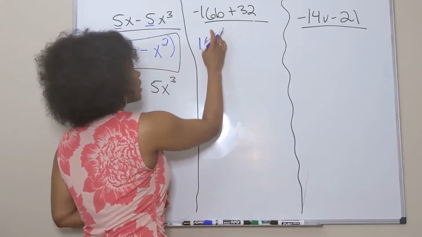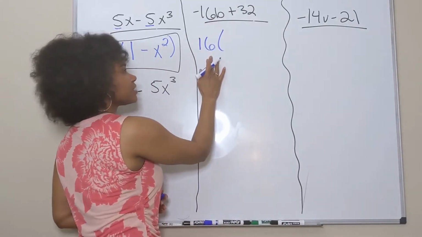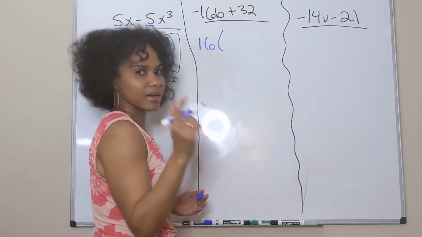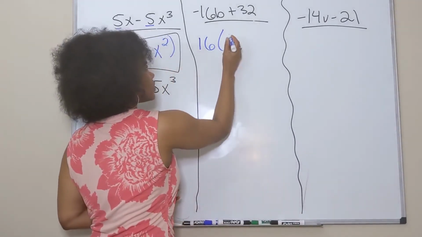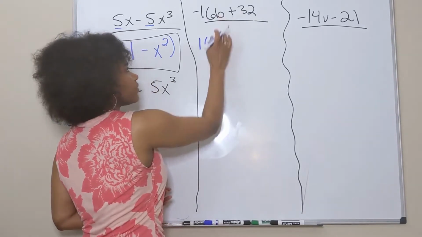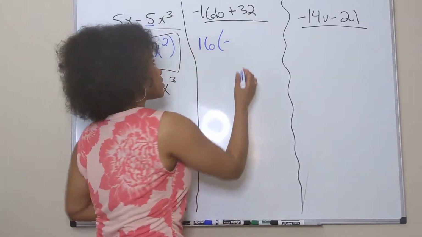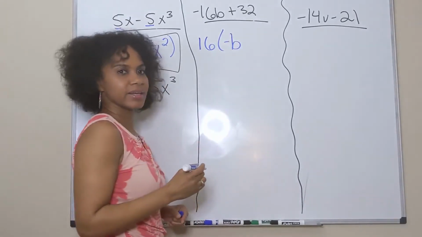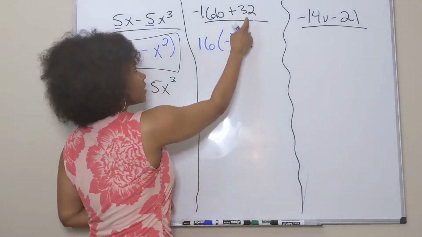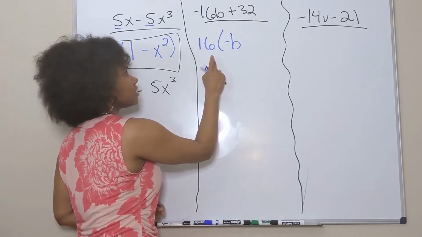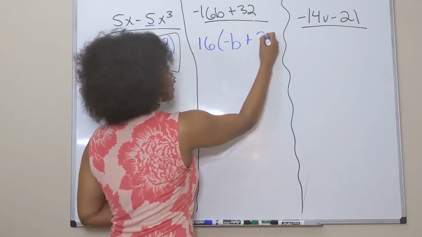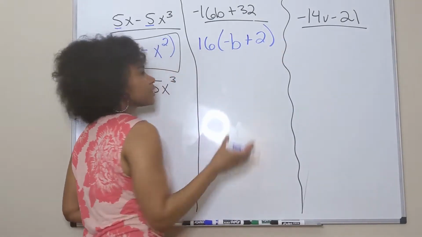Negative 16 divided by 16 is negative 1. We don't put 1, we just put negative. We didn't factor out a b because that 32 did not have a b, so we had to leave the b inside. Then 32 divided by 16 is, of course, a positive 2, which is why we put plus 2.